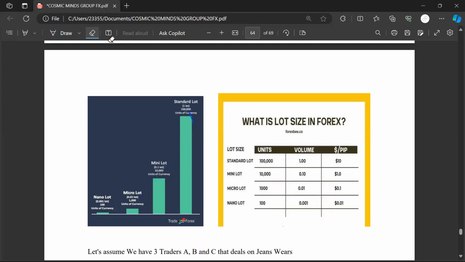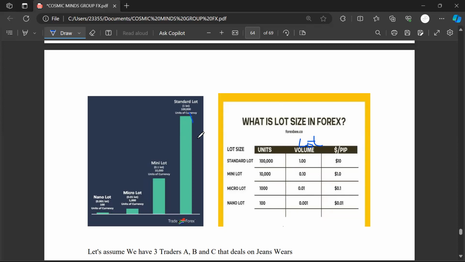The lot size can also be termed volume. Today we are learning some new terms, so please take note of these things. Volume is another term for lots, and the units is another term for the contract size.